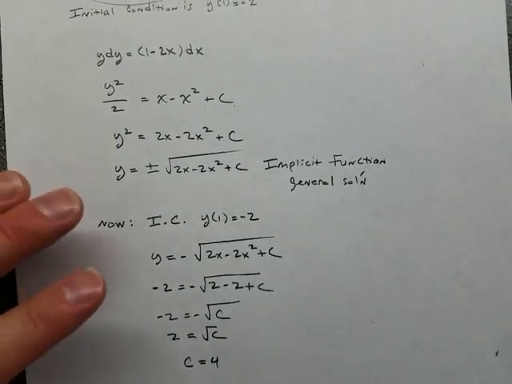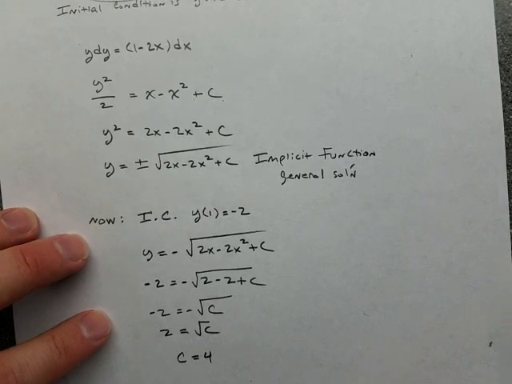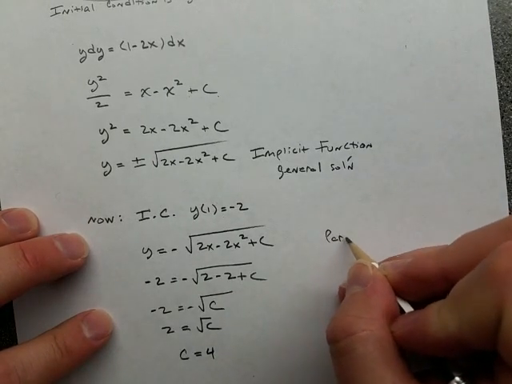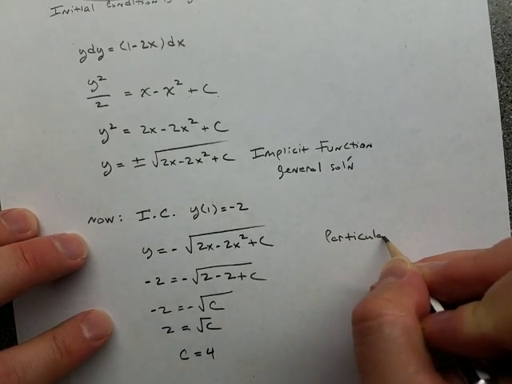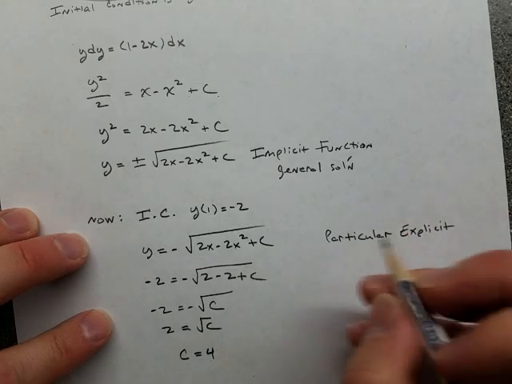Okay, so that turns the general into the particular, knowing that c is equal to 4. All right, so let's write over here. This is a particular explicit solution.